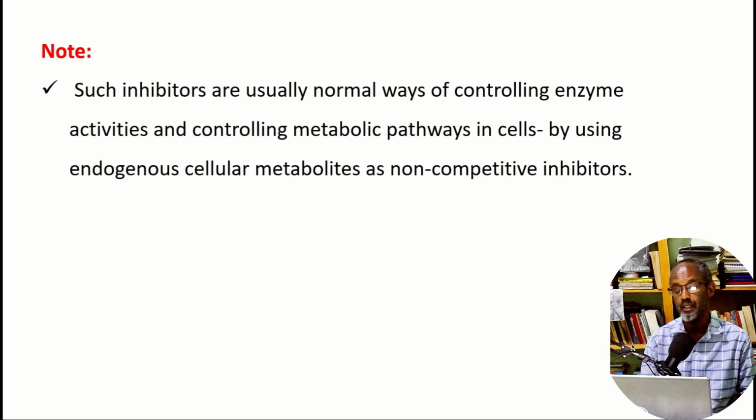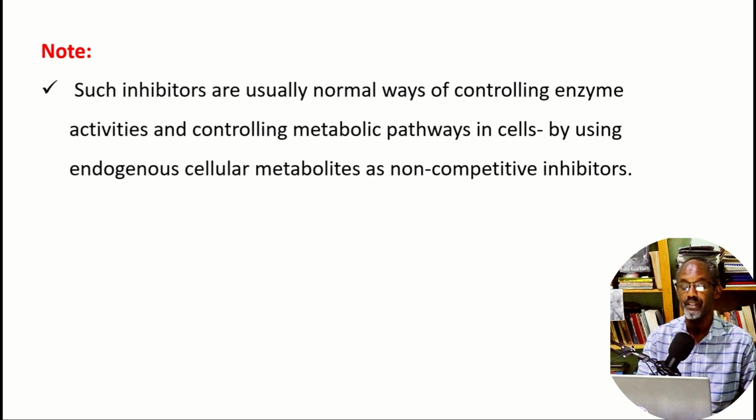Note, such inhibitors are usually normal ways of controlling enzyme activities and metabolic pathways in cells, by using endogenous, internal cellular metabolites as non-competitive inhibitors. We have talked about the chemical properties of enzymes. One chemical property of enzymes is regulation. The activity of enzymes is highly regulated and controlled.